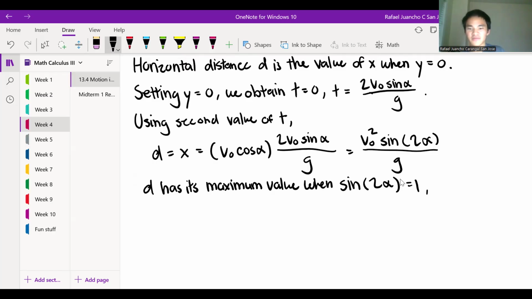And so from there, my alpha should be 45 degrees, right? That's the maximum alpha we need in order to maximize its range. Okay, I hope that makes sense.